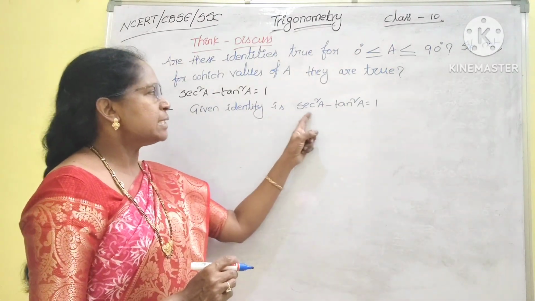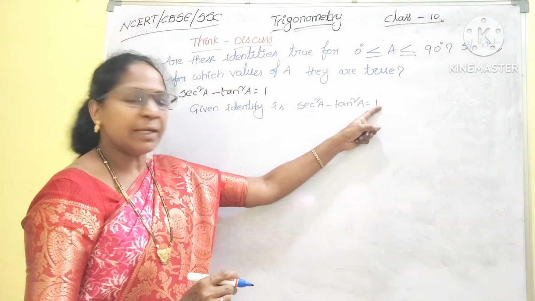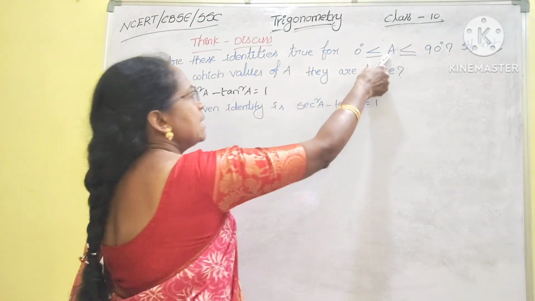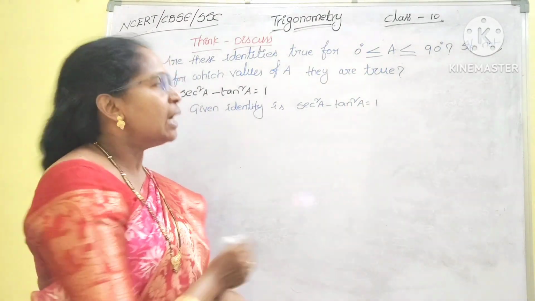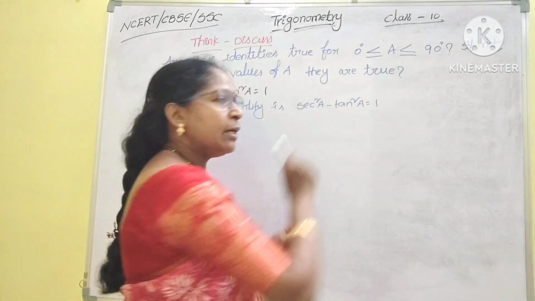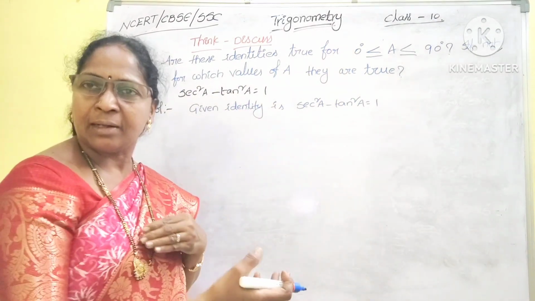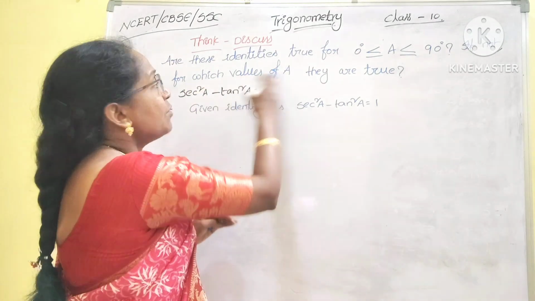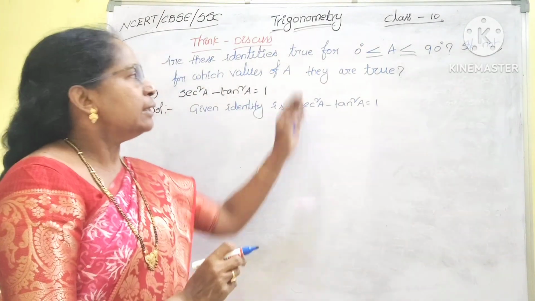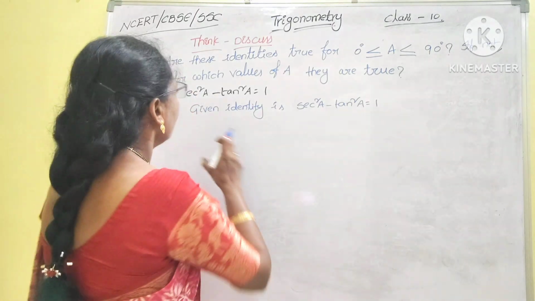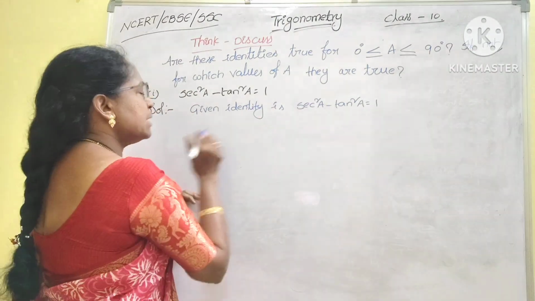Given identity is secant square A minus tan square A equal to 1. What is the condition here? This A value is greater than or equal to 0 degrees and less than or equal to 90 degrees. Is it correct? If it is not correct, then for which values of A are they true? That means A value equal to how much, that we have to find out. Given identity is this one.